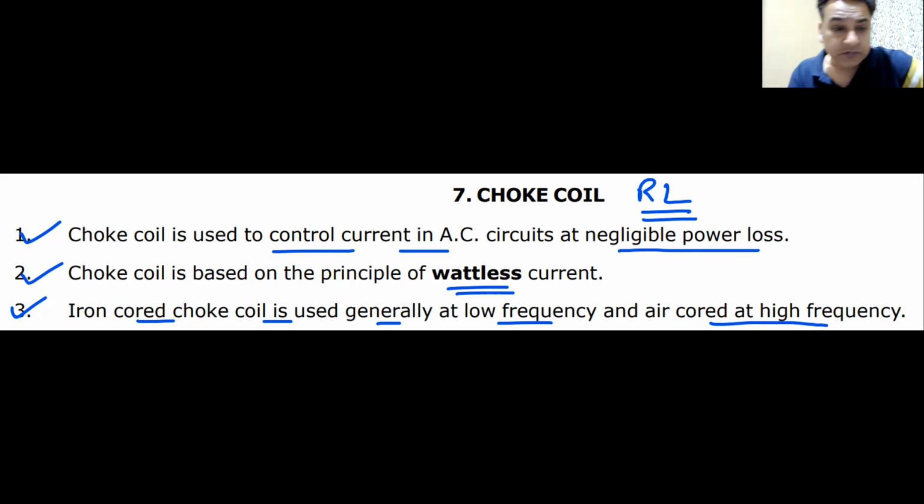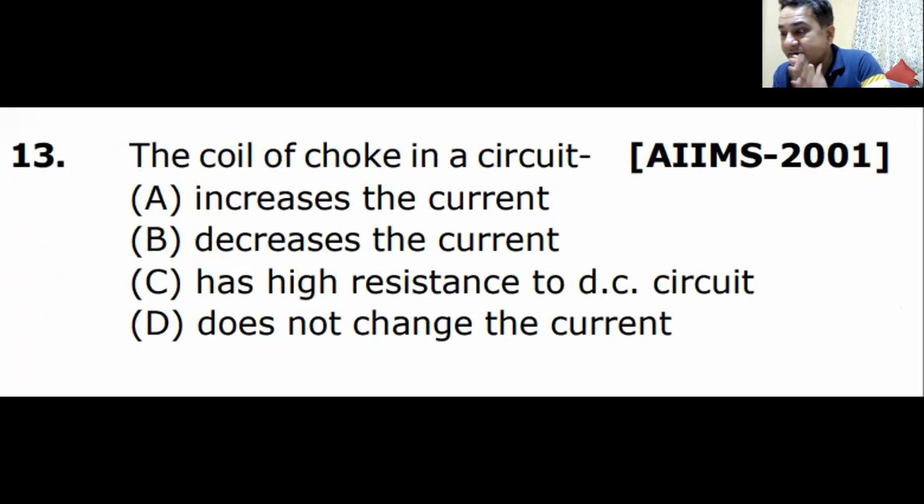Now we move on. I hope you have written this. This question came in AIIMS 2001. The coil of a choke in a circuit: does it increase the current, decrease the current, have high resistance, or not change the current?